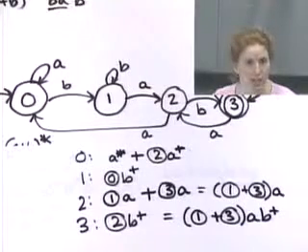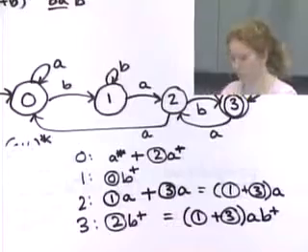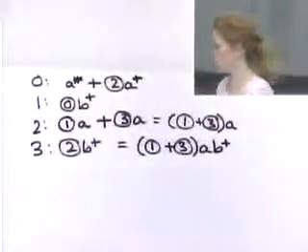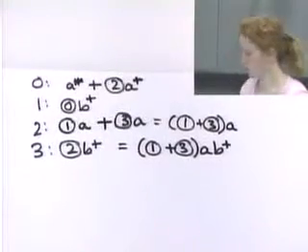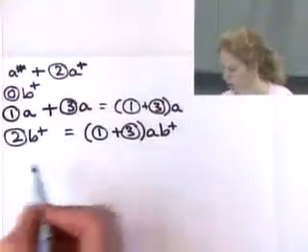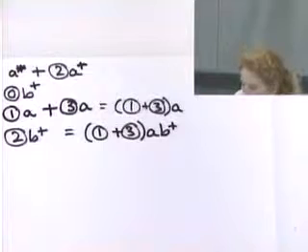So that's good. We're getting closer to what we want for these regular expressions, right? So let's work with this. All right, so now we have 1 and 3 end in a B plus.